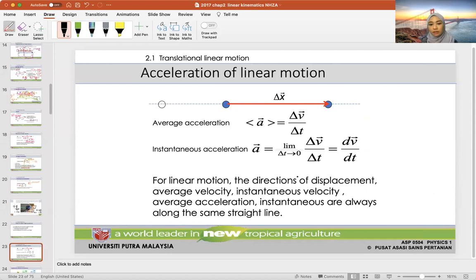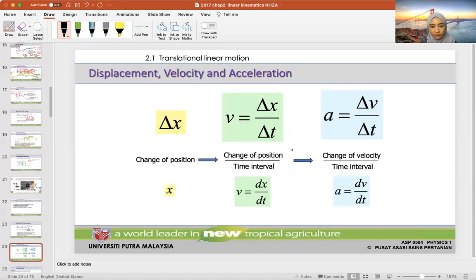Okay, so likewise, the equation is delta V over delta T. The limit of delta T approaches 0, which means that the duration of time is small. And then we have the change in position, delta X or X. The change of position over the time interval, delta X over delta T, gives us velocity. Then the change of velocity over the time interval gives us acceleration.